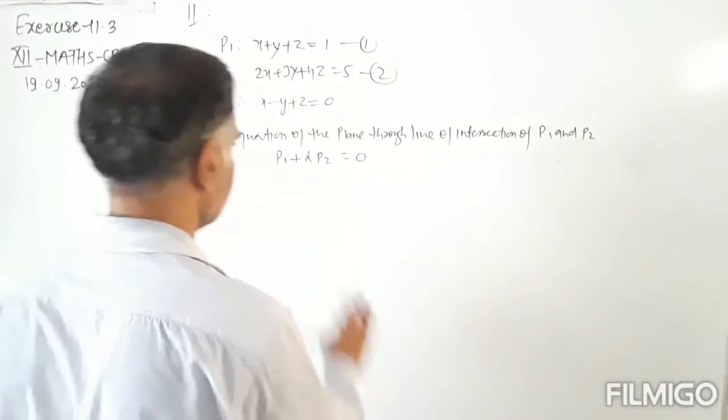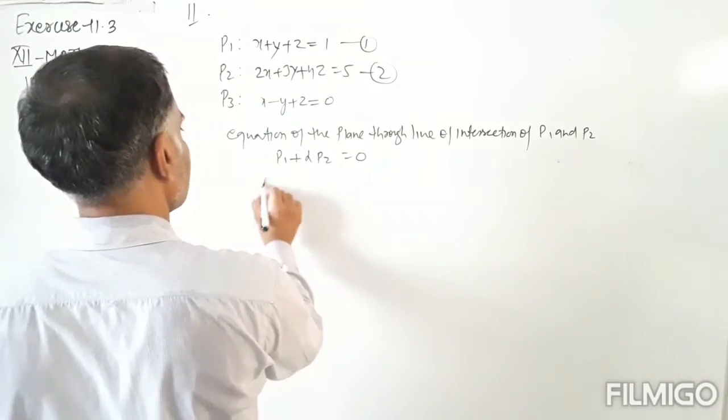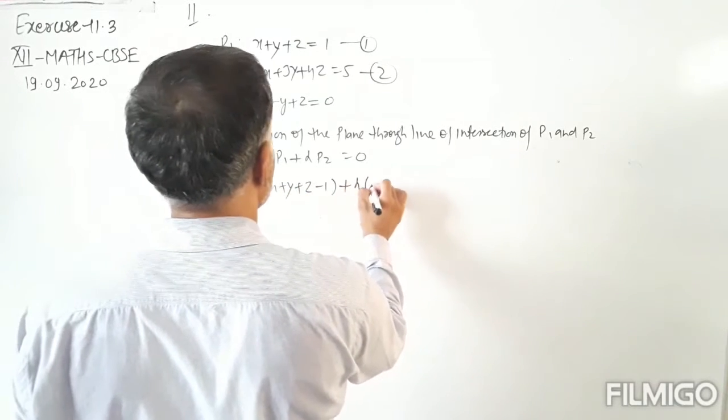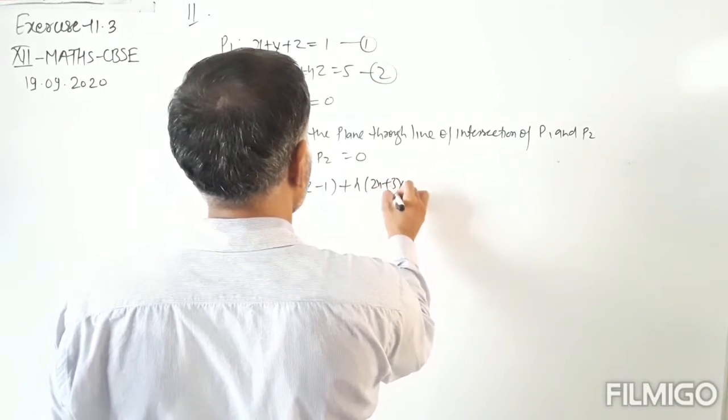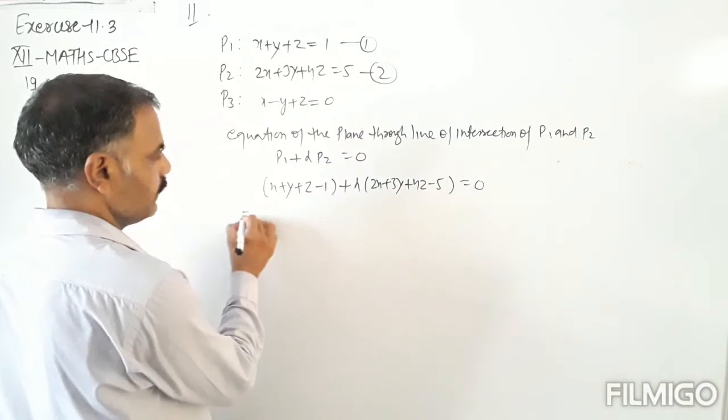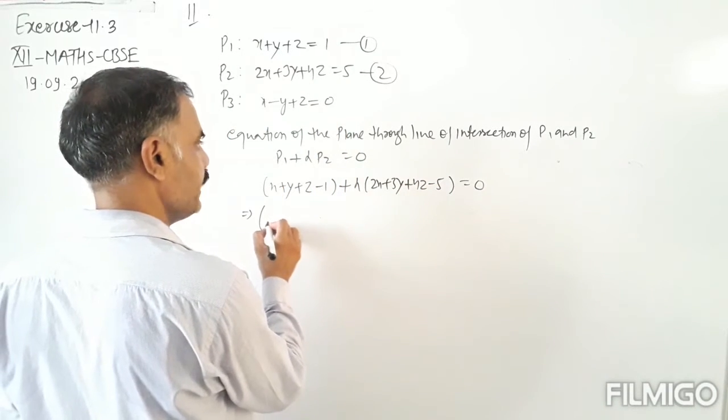Write down again: x plus y plus z minus 1 plus lambda into 2x plus 3y plus 4z minus 5 is equal to 0.